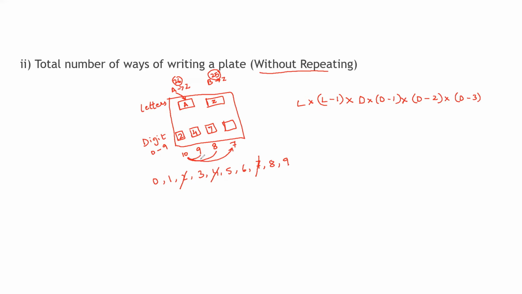So this is how you are supposed to calculate. Just put the numbers 26, 25, 10, 9, 8, 7, and you'll get the answer.